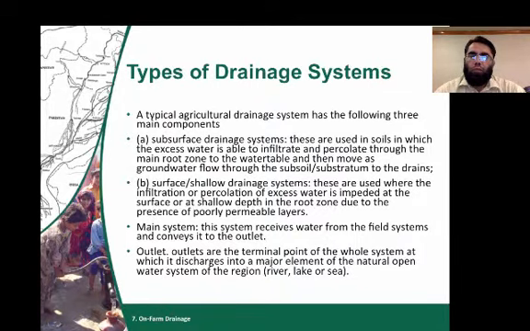Surface drainage systems are used in areas where infiltration or percolation of excess water is prevented or impeded at the surface or at shallow depths in the root zone due to the presence of a layer of poor permeability.